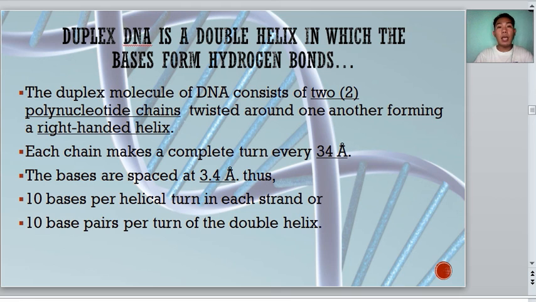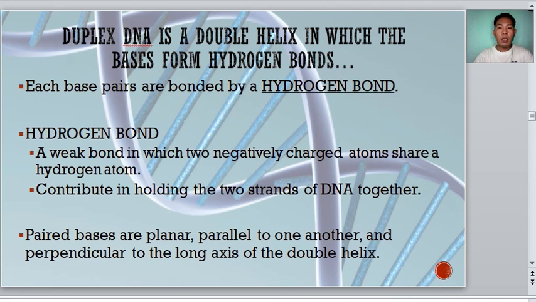Each chain makes a complete turn every 34 Angstrom, and the bases are spaced at 3.4 Angstrom. Thus, there are 10 bases per helical turn in each strand, or 10 base pairs per turn of the double helix.